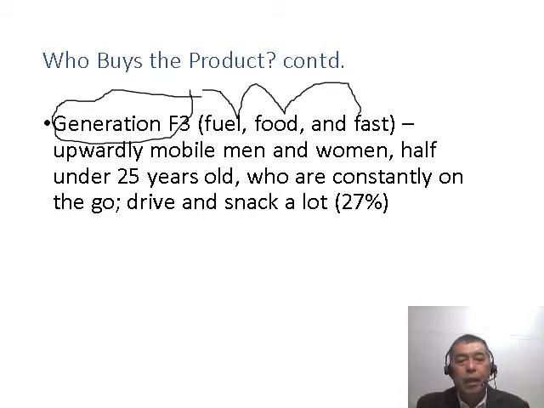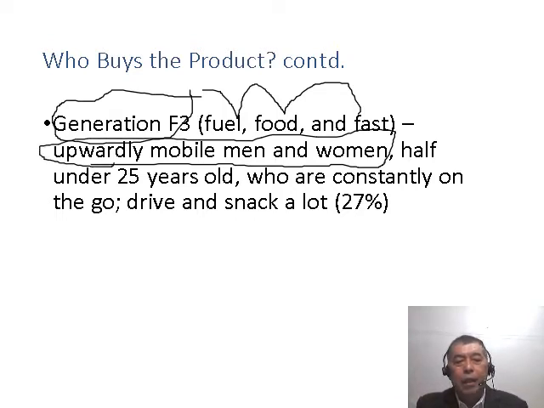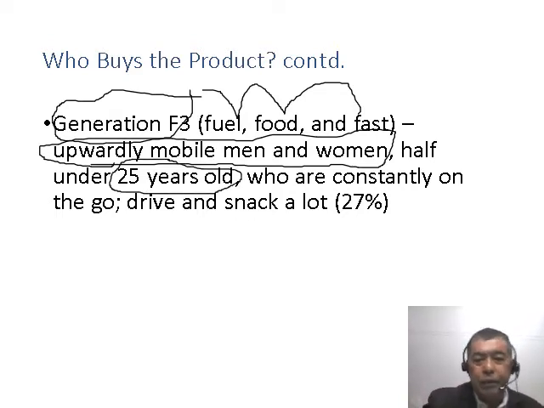Now, the generation F3, which stands for fuel, food, and fast. These are upwardly mobile men and women who are always on the go, no? And half of this generation F3 are under 25 years old. They are young professionals, no? Who are constantly on the go, who drive and snack, and 27% of the population is in this segment.